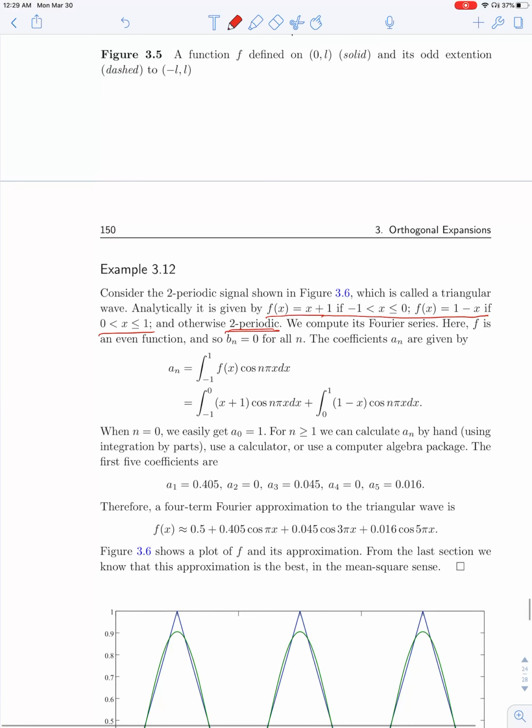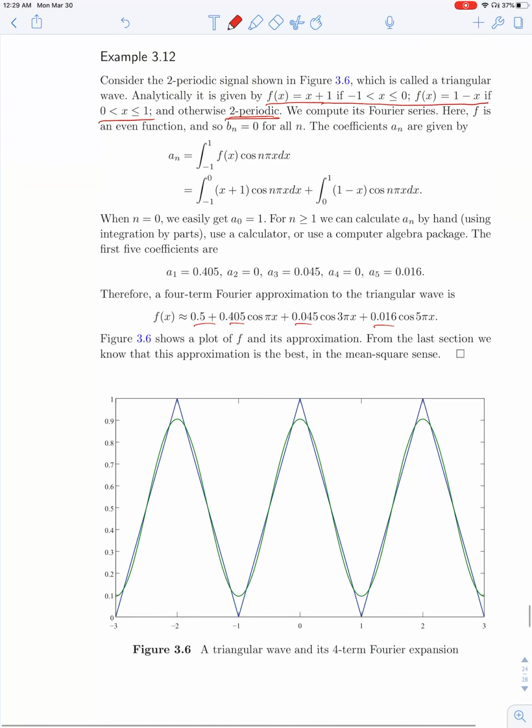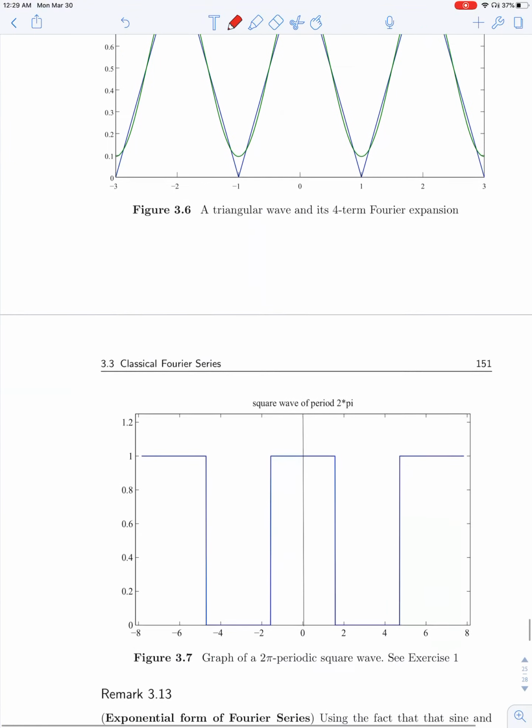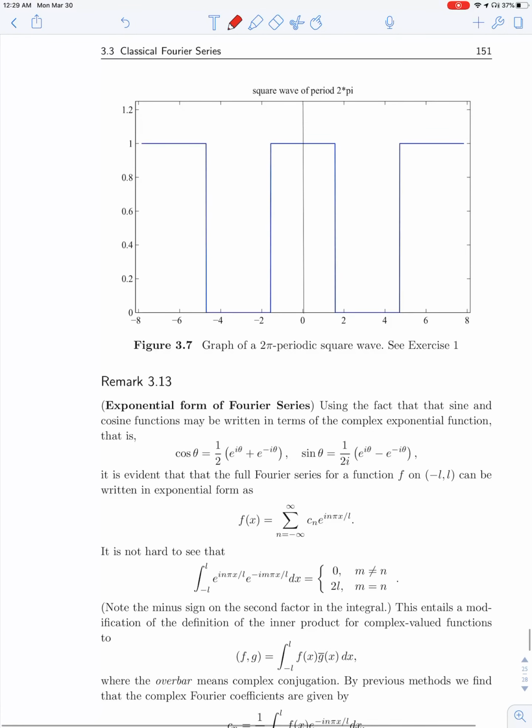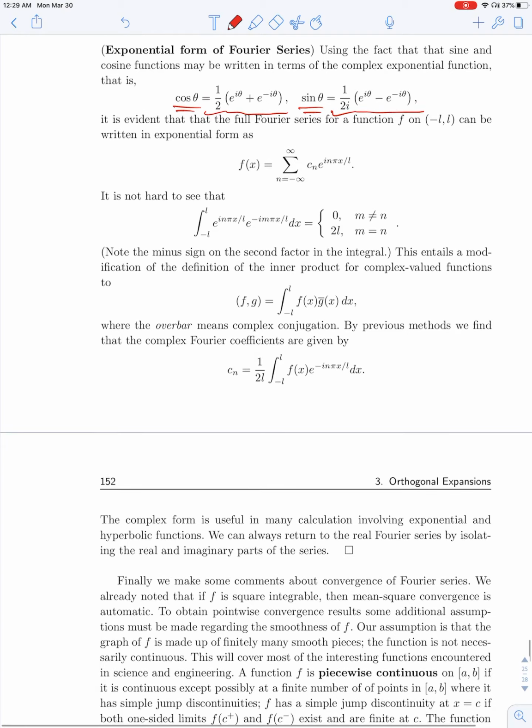And here you just need to compute the numerical coefficients of several terms. This is also another way of expressing the Fourier series using complex exponential functions, and we will just touch upon it.